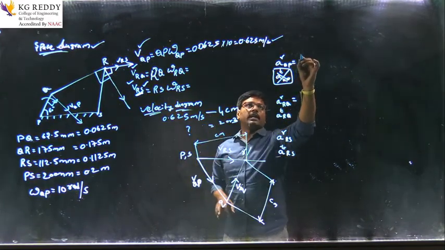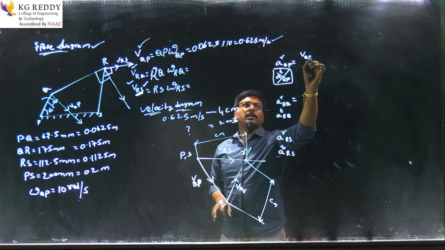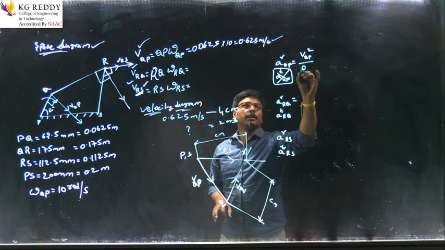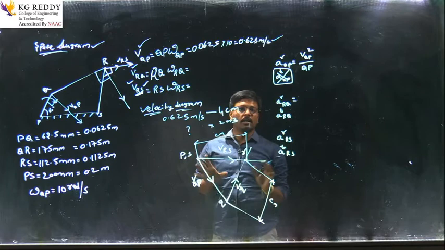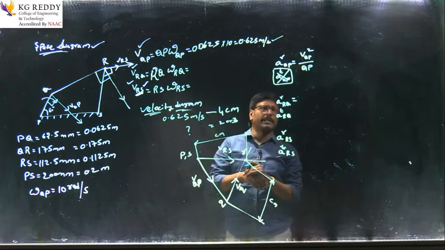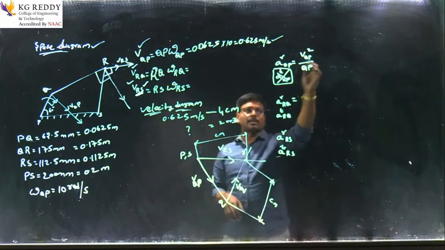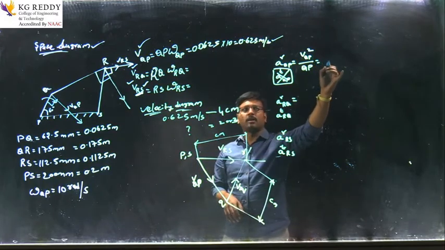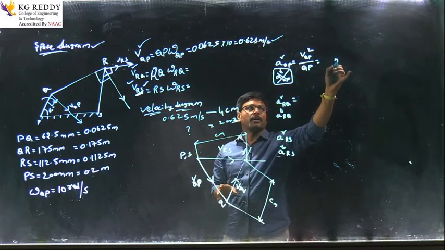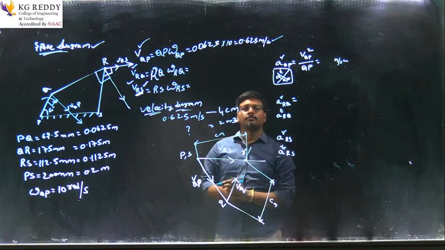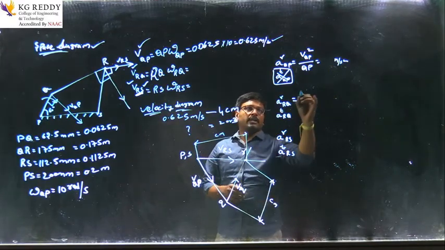So you see here, the velocity of Q with respect to P, V square by QP. This is the formula for the radial component. This is the value which we already got, right? So we can substitute it here and we will get the value in meter per second square. Coming to this one also, it is the same.